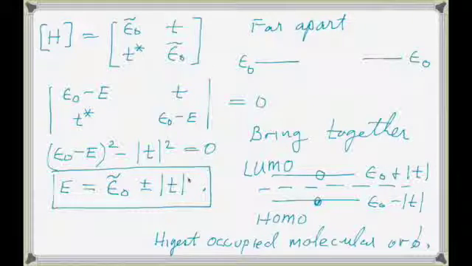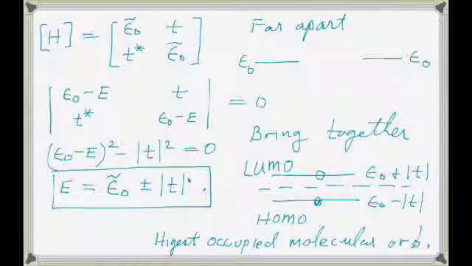So those are the eigenenergies. Now we can look at the eigenvectors, the wave functions. Is HOMO for binding energy or for anti-binding energy? HOMO will be the bonding state. People usually call it bonding state.